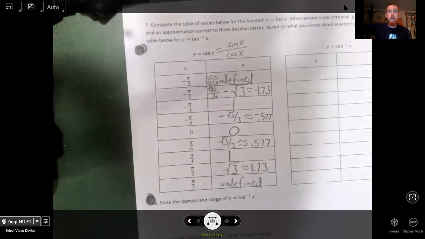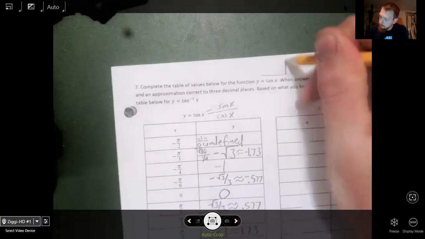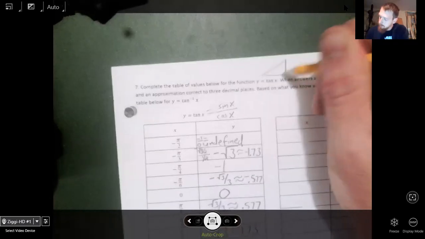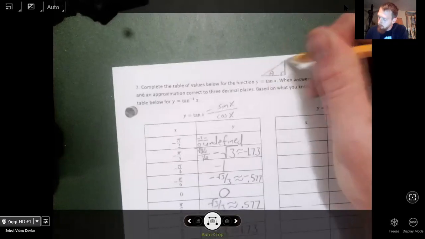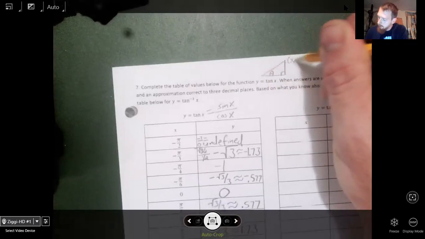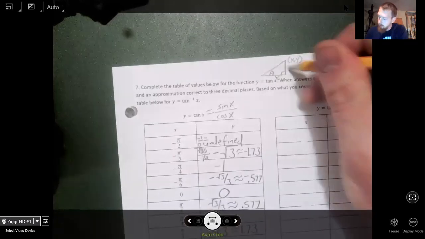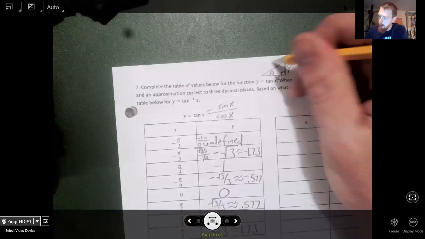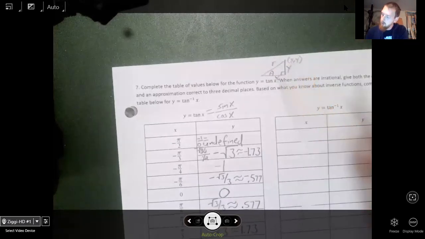So you see that if you had a reference triangle that you were building in the unit circle, here's your angle, here's a point x, y. This length right here is x, this length right here is y, this is your radius. You can think of tangent as opposite over adjacent.